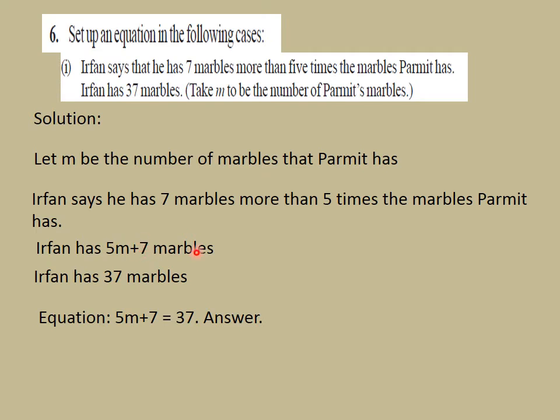So 5M plus 7 he has. And Irfan has 37 marbles. So 5M plus 7 is equal to 37.